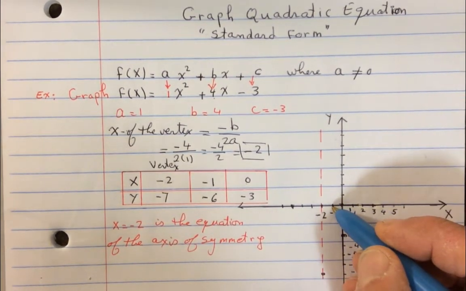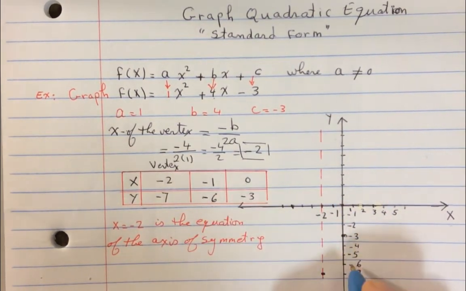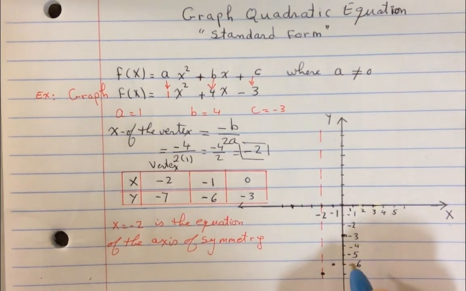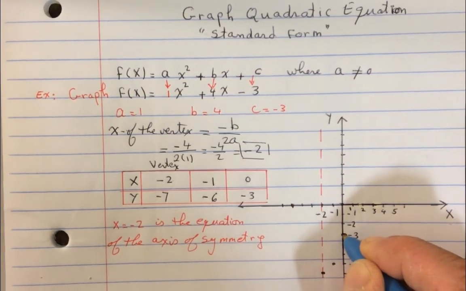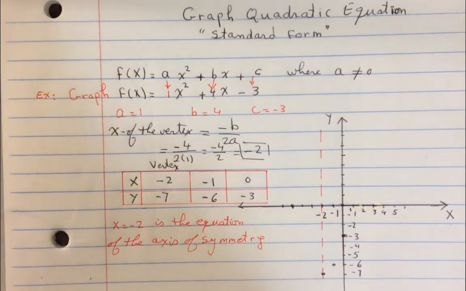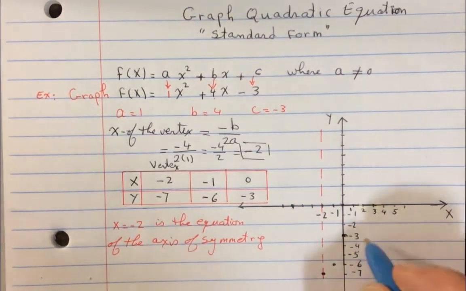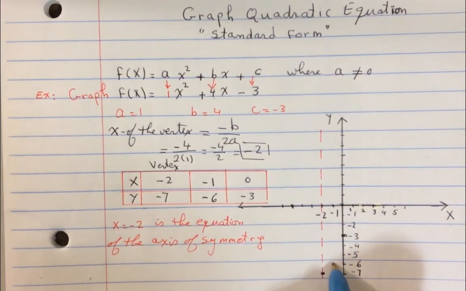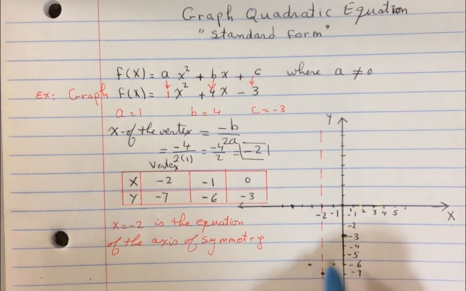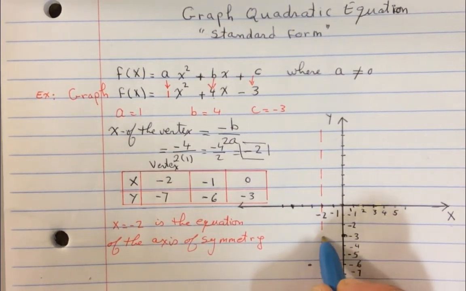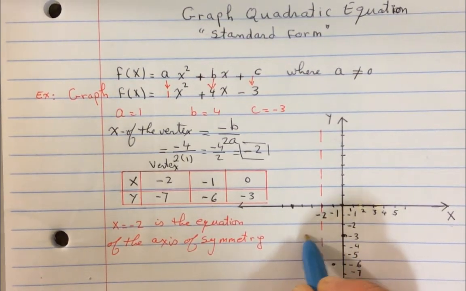Then negative 1 and down to negative 6. Then 0 and negative 3, that's your y-intercept. Now you reflect these points on the other side. This is 1 away, so you go 1 on the other side. This is 2 away, so you go 2 on the other side.